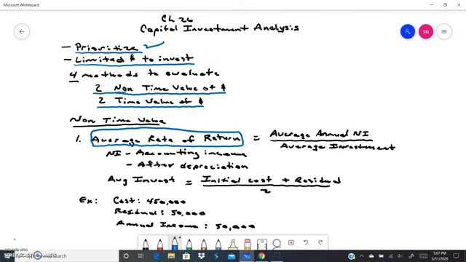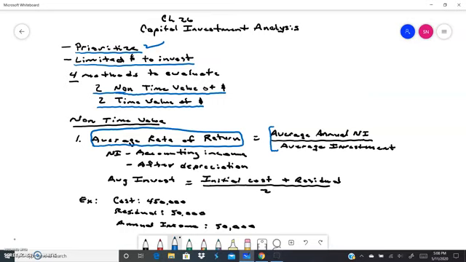The equation for that is simply average annual net income divided by average investment. So here what we're doing is we're basically looking at a return. So what kind of return are we generating on our investment? So if we're receiving, let's say, income of $100, we make an investment of $1,000, that would be a 10% return. And so that's kind of how we're evaluating this.